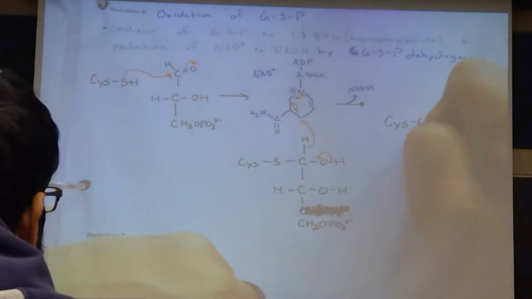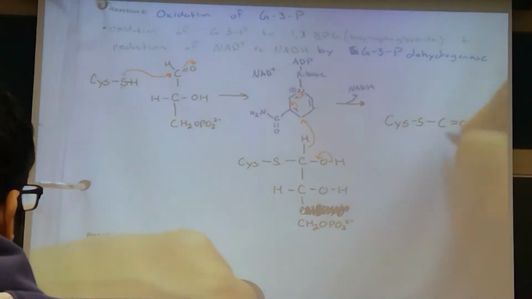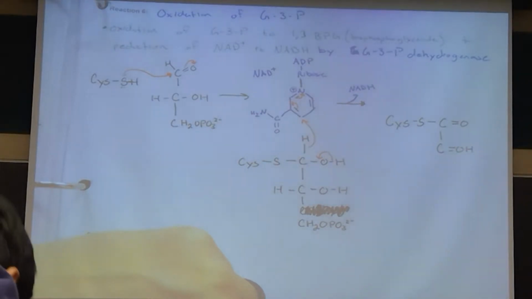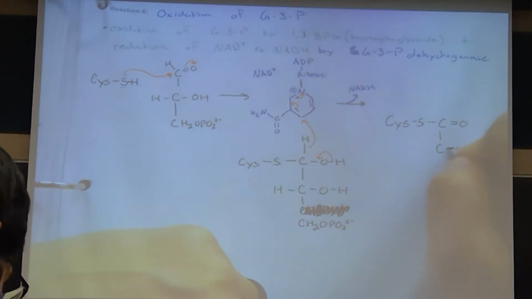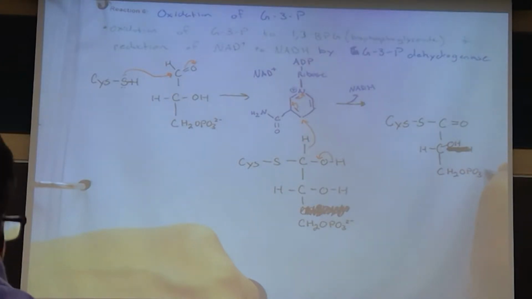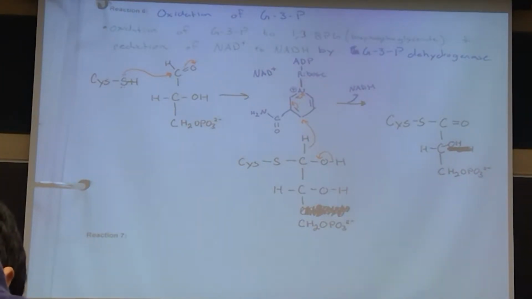So this leaves us with an intermediate. So we have reduction of NAD to NADH, leaves us with an intermediate, and this is a unique part of this reaction, a unique part of the entire process.